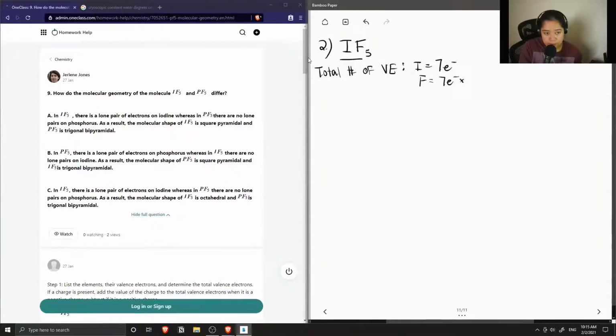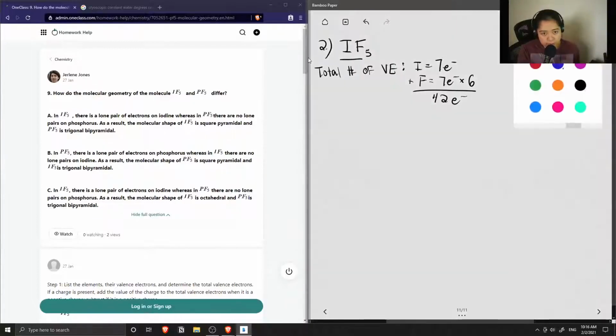And since we have 6 fluorine atoms, we multiply that by 6, and we get a total of 42 electrons. Okay, so now that we have the number of electrons, we can try to draw out a skeletal structure for this compound.